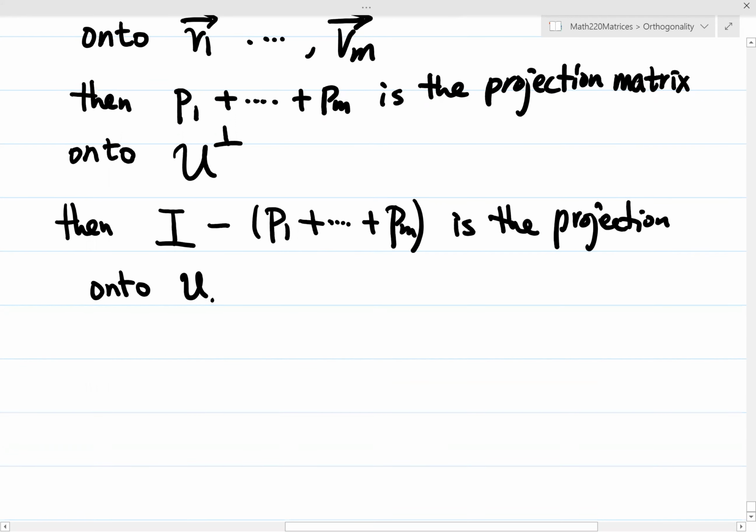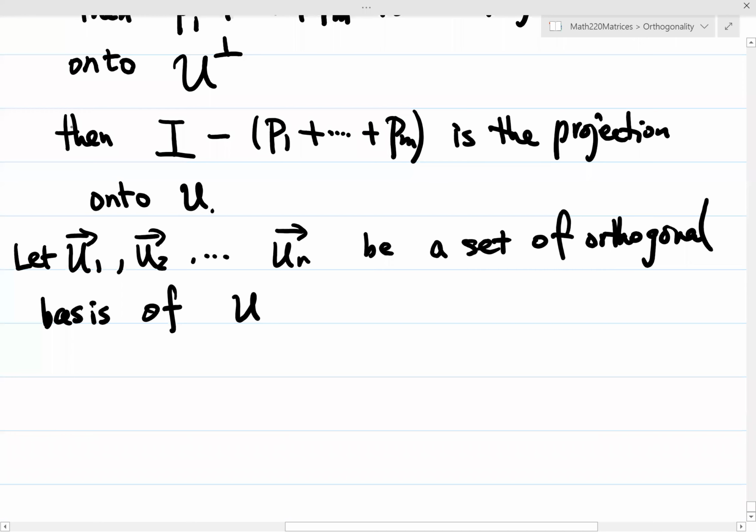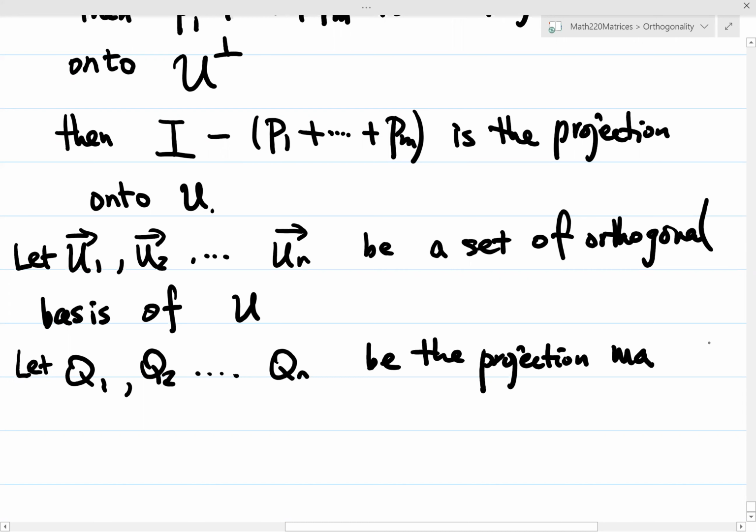Now, if we have vectors U1, U2, through Un as an orthogonal basis of U, let Q1, Q2, through Qn be the projection matrices onto U1, U2, through Un.